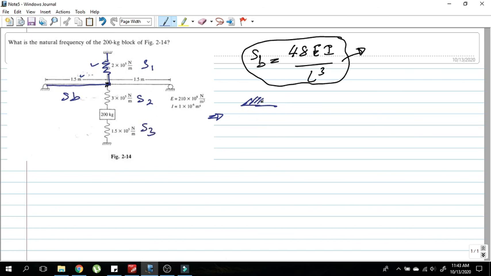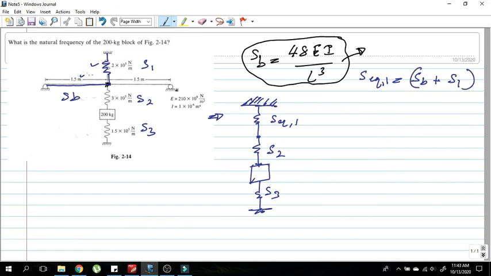Now I can simplify this as S equivalent 1, then S2, here we have our mass, and S3. Now S equivalent 1 would be SB plus S1.